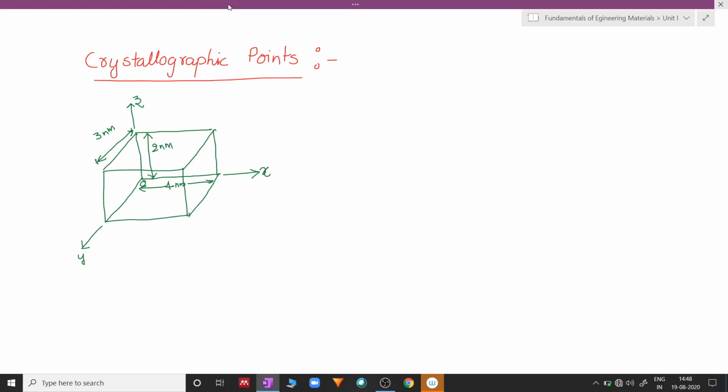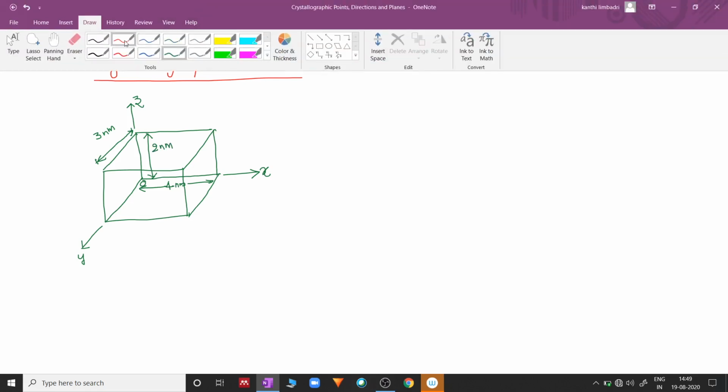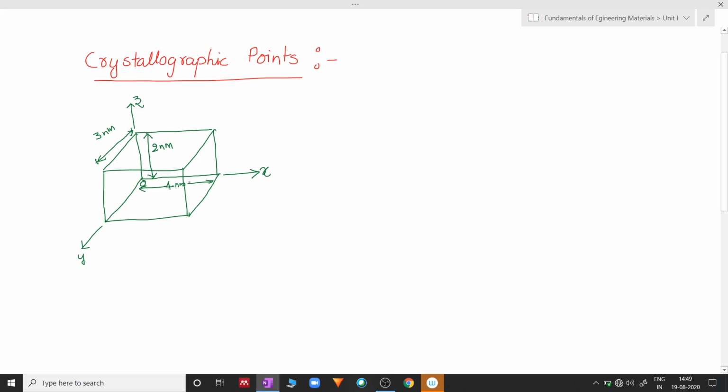Now, according to the Cartesian coordinate system, if I want to specify this corner point, let us say this point is P, how will I specify it? According to the Cartesian coordinate system, P is specified by writing within round brackets.